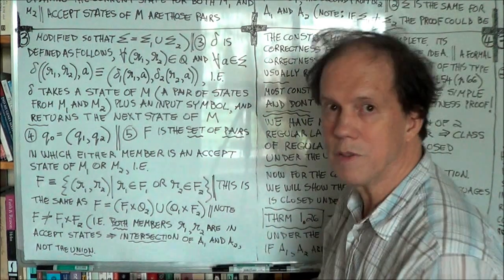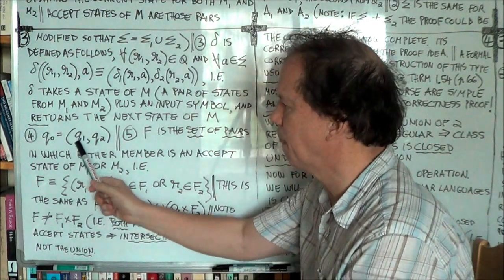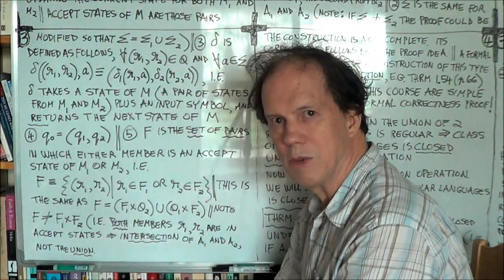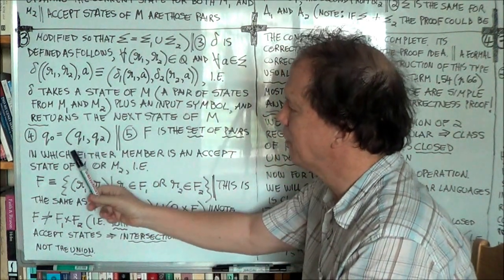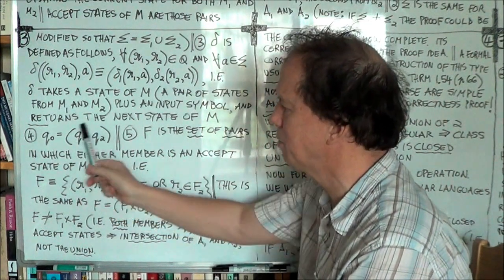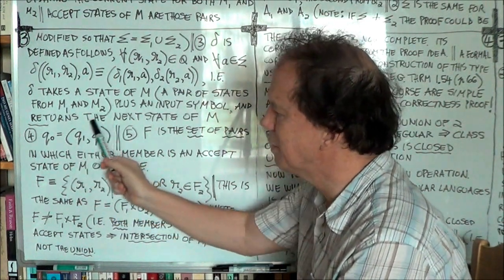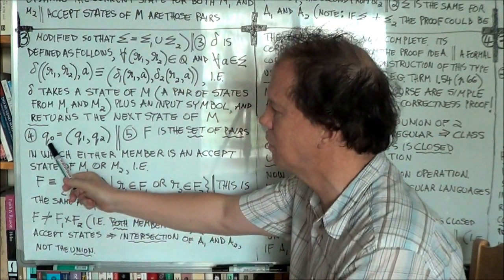You can't see it, it's in the previous session, but the starting state for machine M1 was Q1, and the starting state for machine M2 was Q2. So that ordered pair, the starting state of M1 and the starting state of M2, will be the starting state for machine M, which we've labelled Q0.